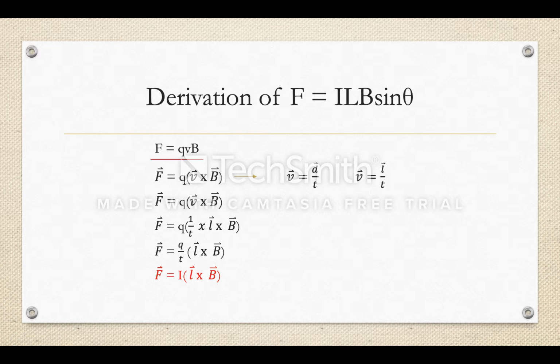Then we can make Q over T, the quantity of charge that flows past the cross-sectional area of the wire in a circuit, which results in the equation showing that the force from the magnetic field on a current-carrying wire is equal to the current in the wire times the length of the conductor times the magnetic field vector.